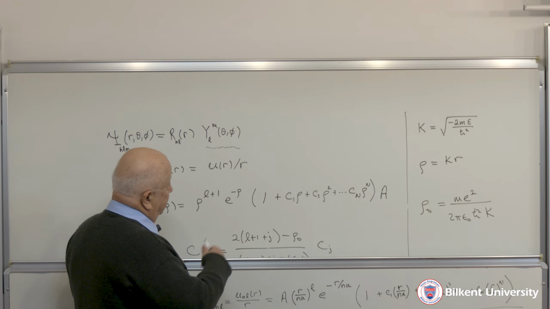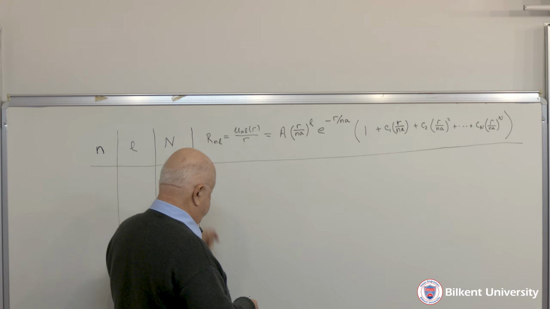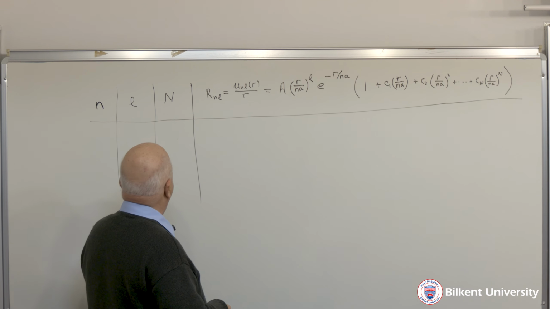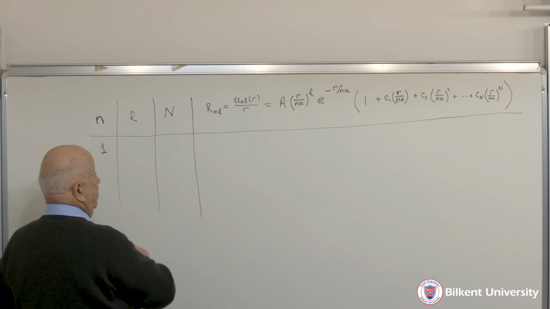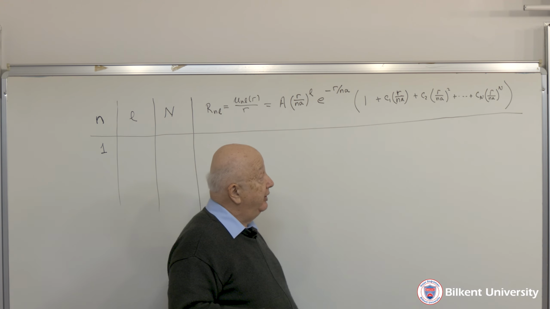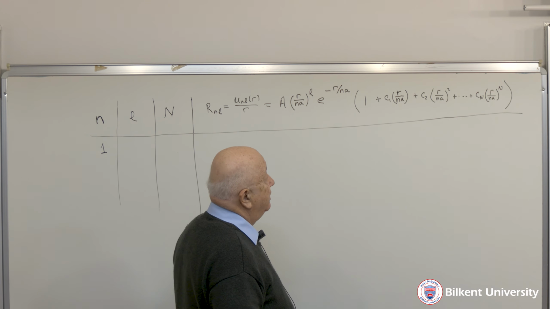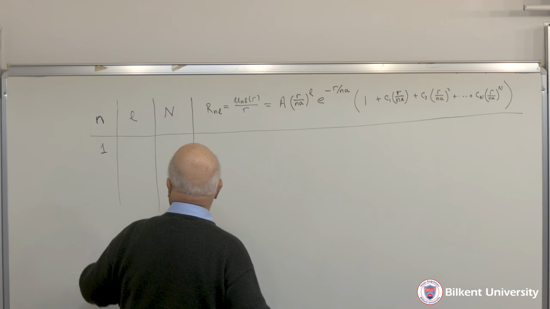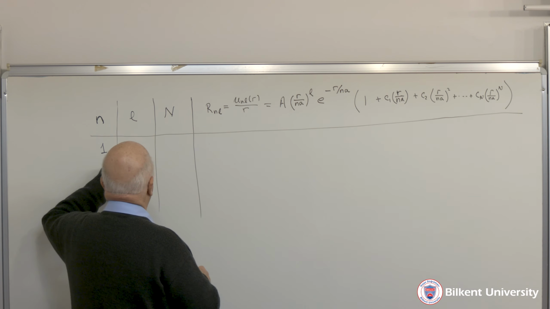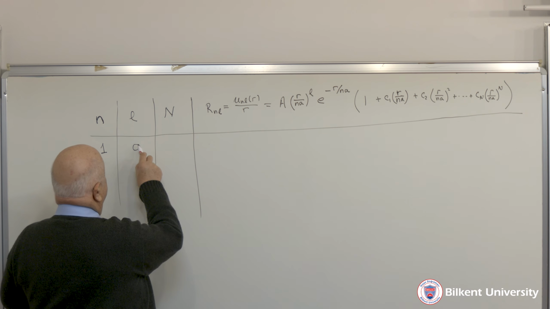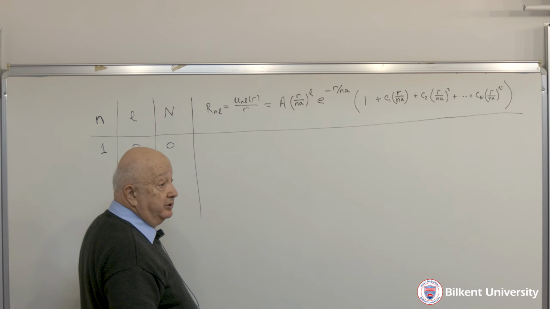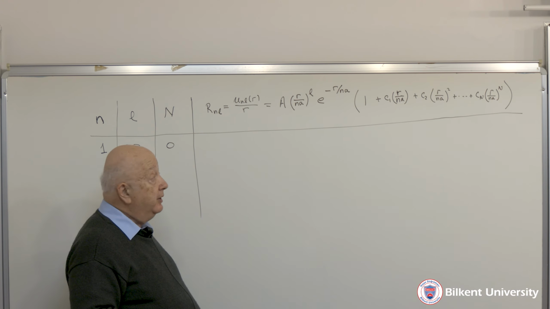Okay, so it will be an alternating series with pluses and minuses. So let's start with n equal to 1. n equal to 1 is the smallest value that we can have. And then that means L, okay, I already have a 1 there, so L can only be zero.